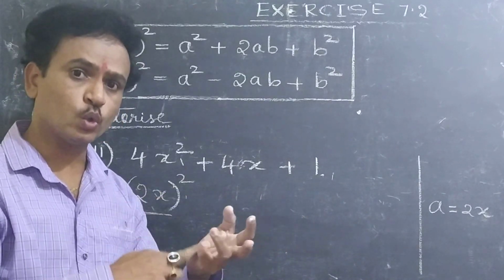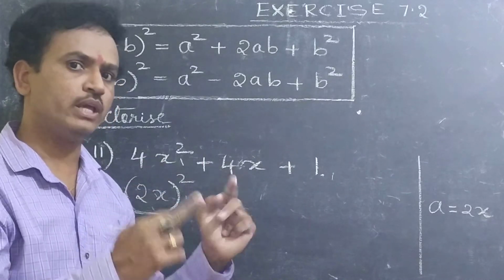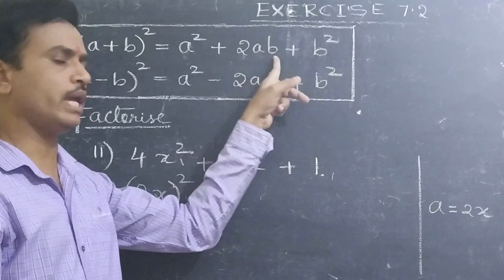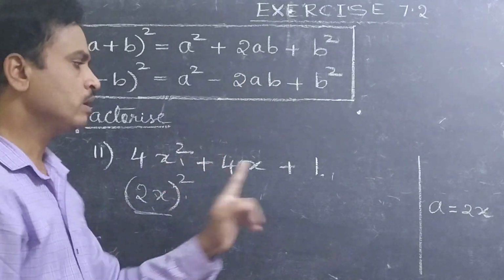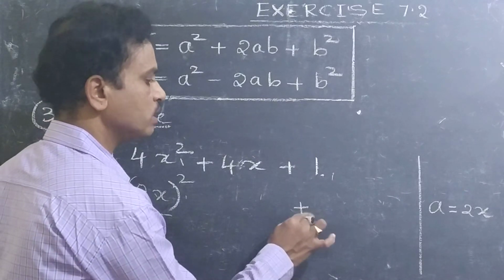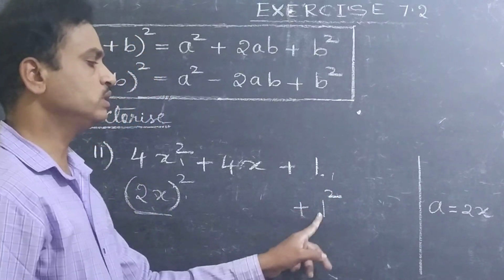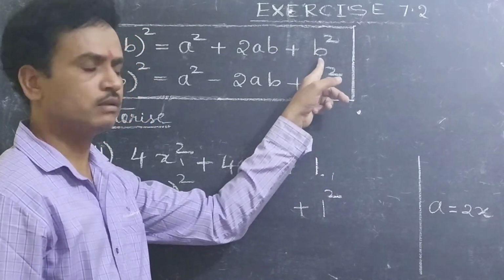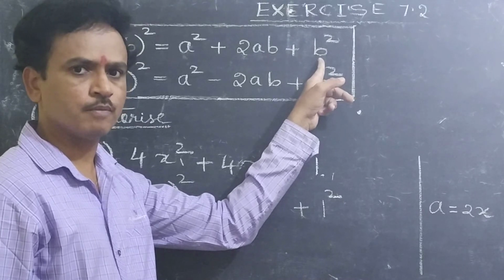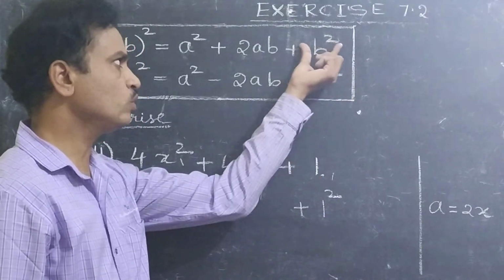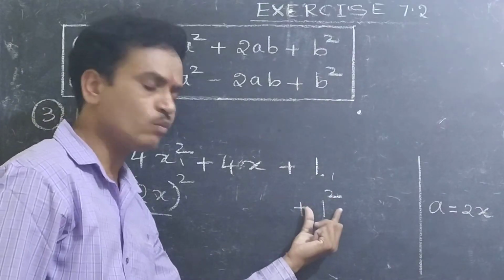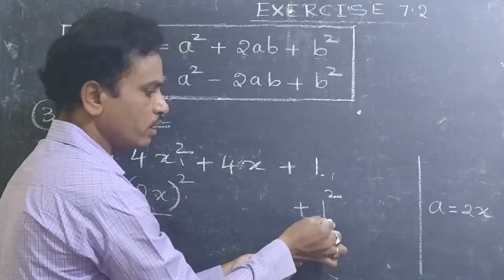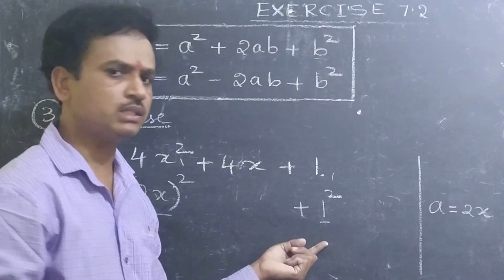Because we should know the a and b values, and only then can we split the second term in the form 2ab. Now 1 can be written as 1 square, which is equal to 1 only. Now 1 square is b square, the last term. What is the value of b here? 1. The b value is 1.